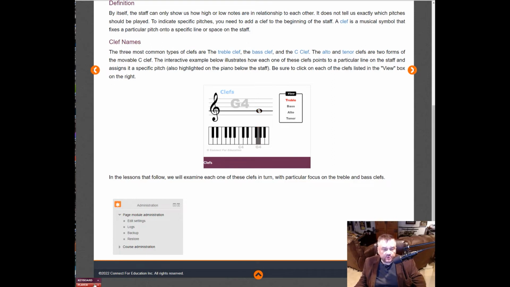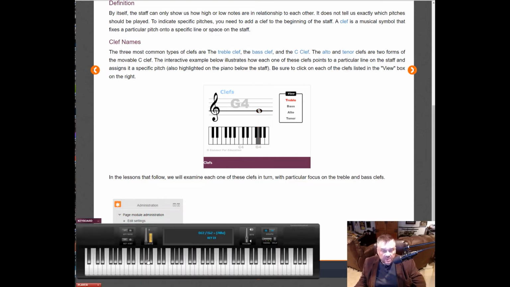Now, I'm going to pull the keyboard back up. And if I go to G4, notice same note, right? Okay? And that happens to be the second line on the musical staff. Now I'm going to give you a little quiz. Think about this. If I were to go to the G below this one, an octave below this one.